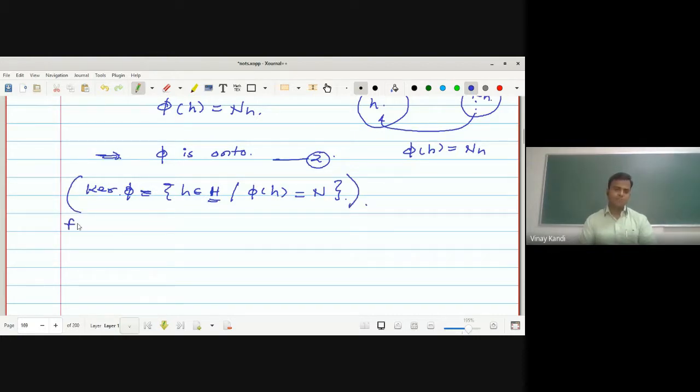let this small h belong to kernel of phi. So this implies phi of h is equal to the identity of the codomain, that is n. By the definition of phi, what is phi of h? nh, which is equal to n.